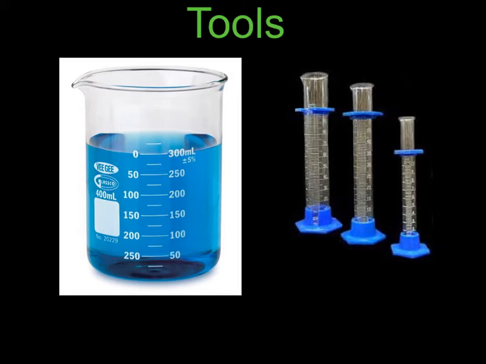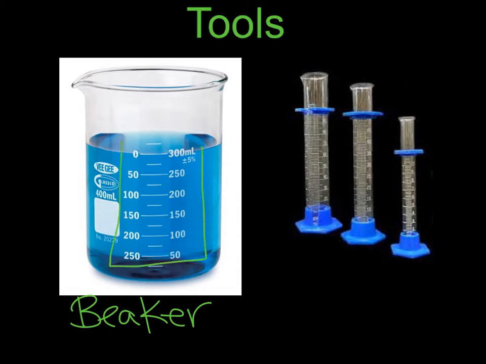If you have a liquid measuring cup, it might even have markings on the side like this. Scientists and mathematicians use this, and it's called a beaker. So it looks like a large measuring cup. It has markings on the side that indicate how much liquid is inside.